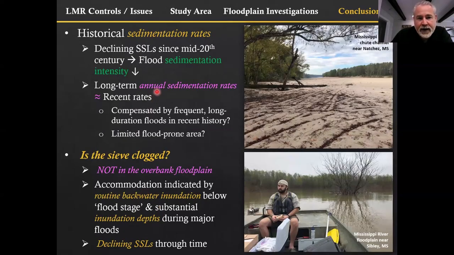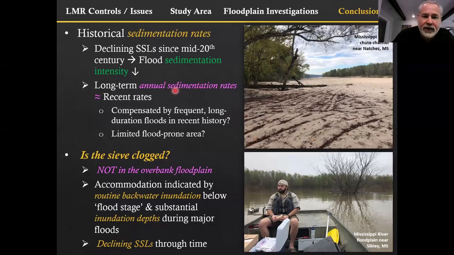Historical sedimentation rates show that the sedimentation intensity per flood has been declining since the mid-20th century, probably as a result of declining suspended sediment loads in the river channel through historical time frames. The fact that those longer-term annual sedimentation rates going back to the early 20th century and 1800s are close to recent rates is potentially resolved by the fact that we're getting more frequent and long duration floods in these study areas.